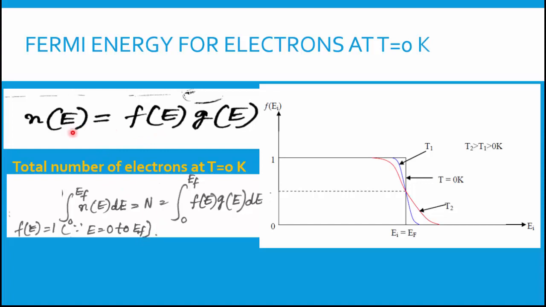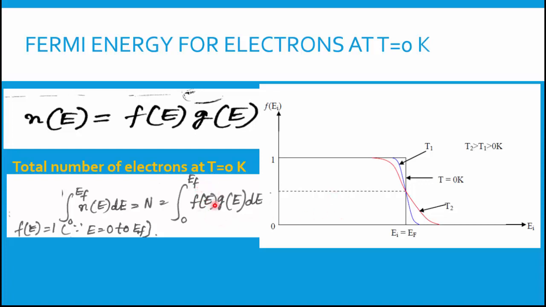Finally, if I repeat once again, if I integrate both sides from 0 to infinity, the left-hand side gives me the total number of electrons, which I write as N, and on the right-hand side I break the limit into 0 to EF and EF to infinity. From 0 to EF the electrons are present because all the electrons are in the valence band, and from EF to infinity the F(E) value is 0, so the second part of the integration becomes 0. I am left only with the integral from 0 to EF of F(E) G(E) dE.